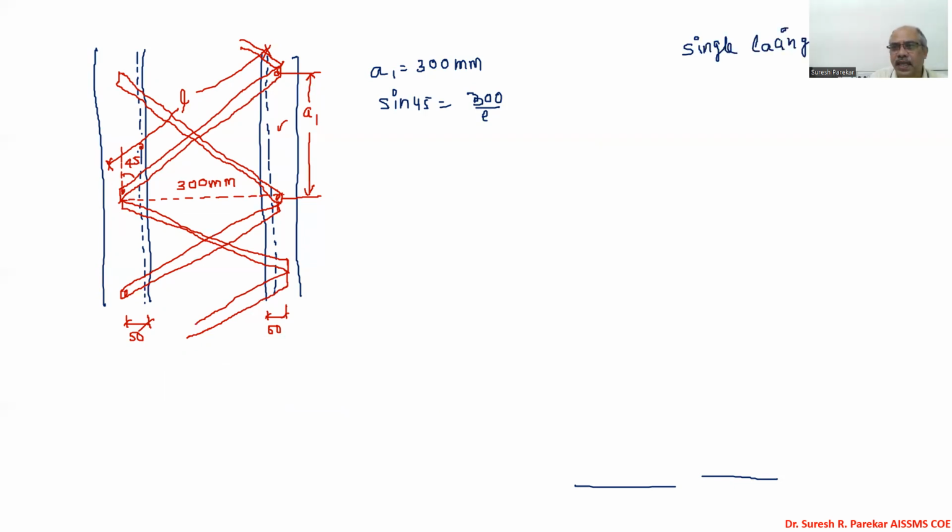So it will be sin 45 equal to 600 by L. So now here 300 by L, and from this we get the value of L, the length of lacing, that is equal to 424.26 millimeters. That is the same, the only change we have is in A1.